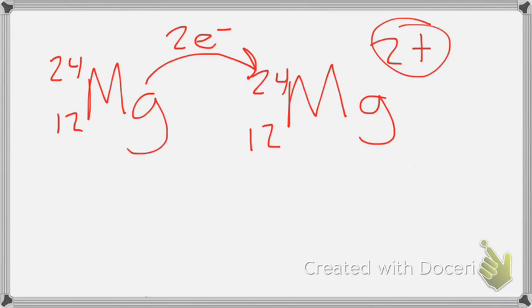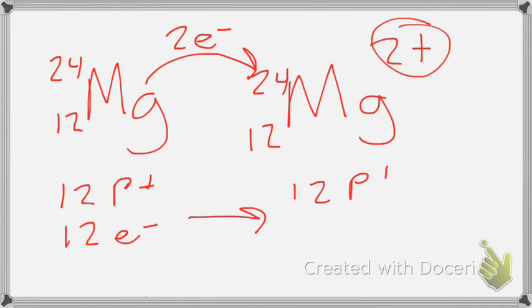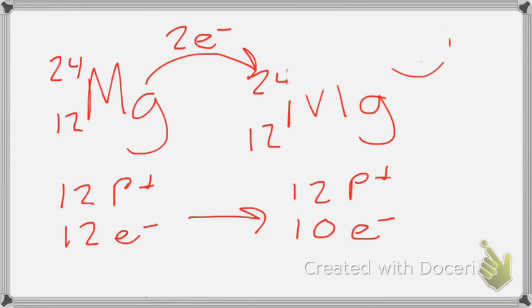This has 12 protons and 12 electrons. And then when it's lost those 2 electrons, we still have 12 protons because it's still magnesium, and now the loss of those 2 electrons leaves 10 electrons overall. Okay? So I'm really hoping that you kind of see this.